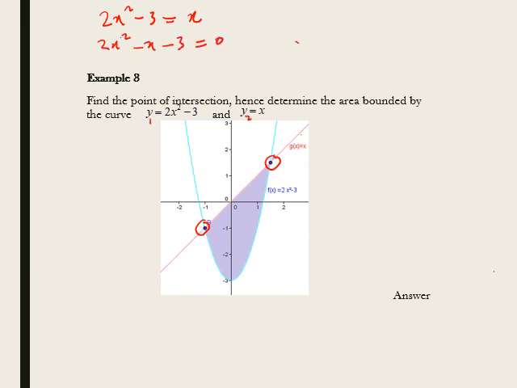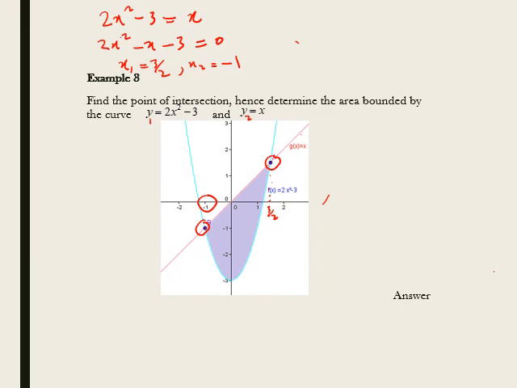You can just use your calculator to get x. x1 equals x2 equals 3 over 2 and negative 1. So here it's negative 1, and here is 3 over 2, the intersection points.